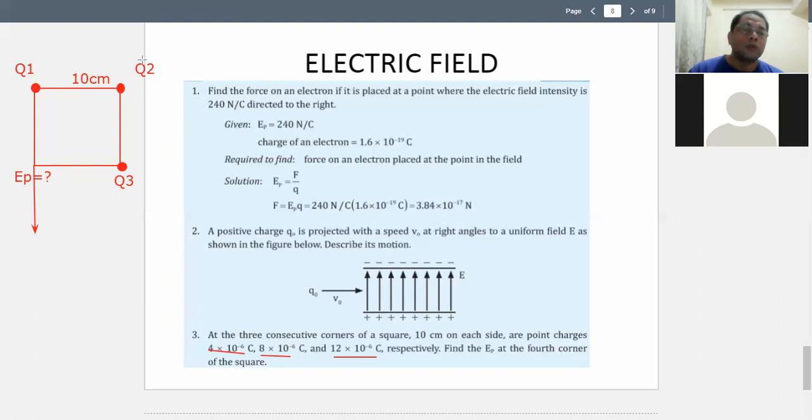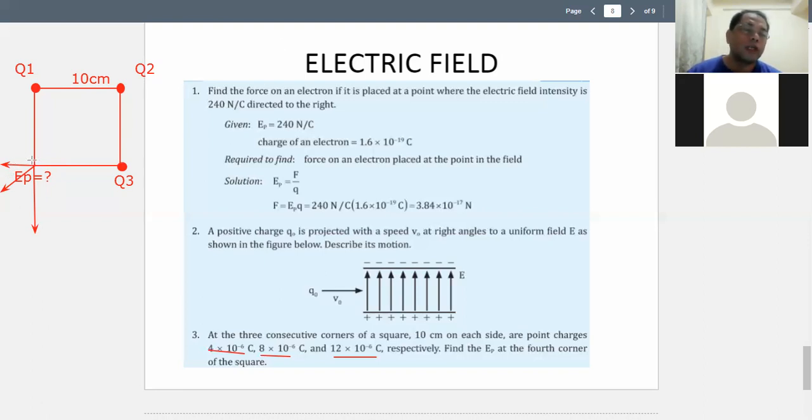Now with respect to Q sub 2, we will have another field here, which will probably go in that direction, basically opposite to Q sub 2. And last is your E sub P number 3. E sub P number 3 is due to Q sub 3.